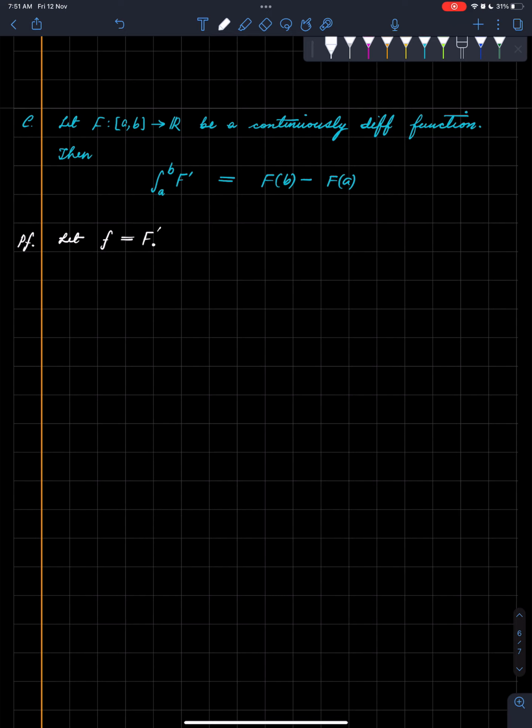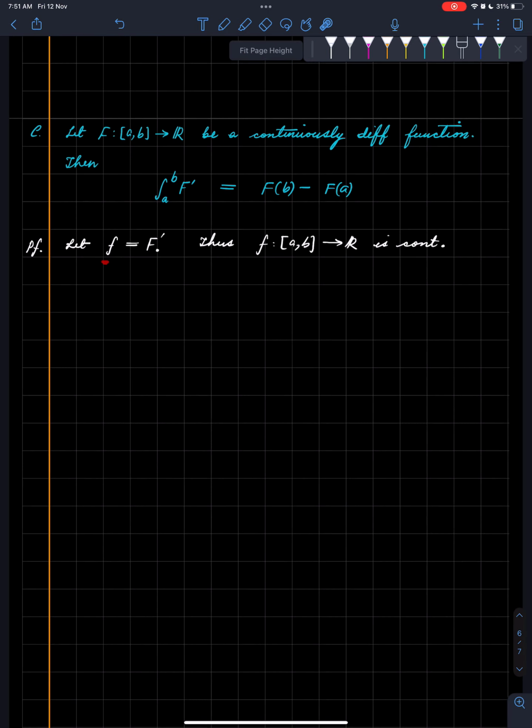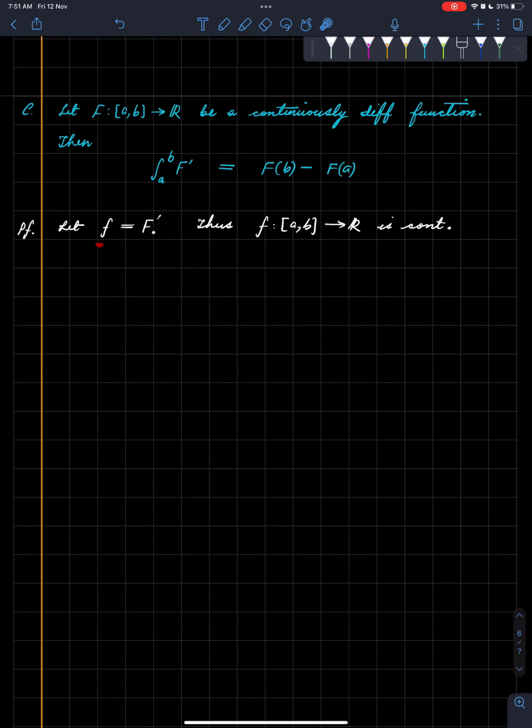Right, so what we have is f is continuous, because capital F was continuously differentiable. This is a continuous function. And capital F is a function which is differentiable, at least in the interior. It is differentiable, in fact, by hypothesis everywhere, and its derivative matches with little f everywhere, not just in the interior.